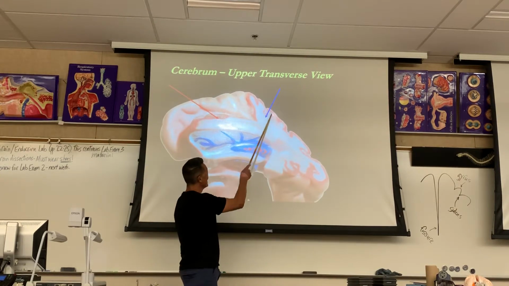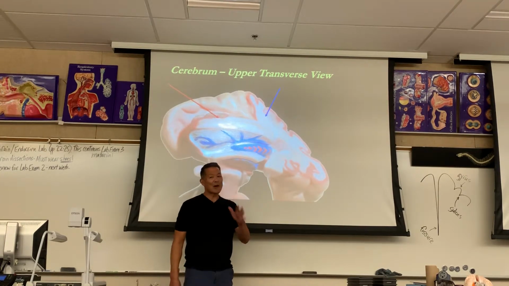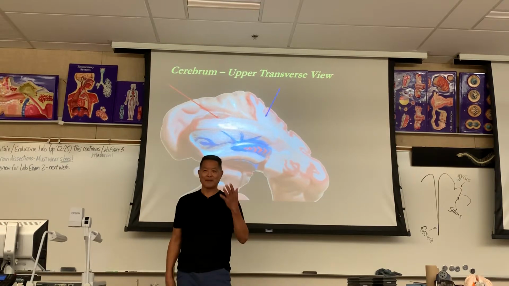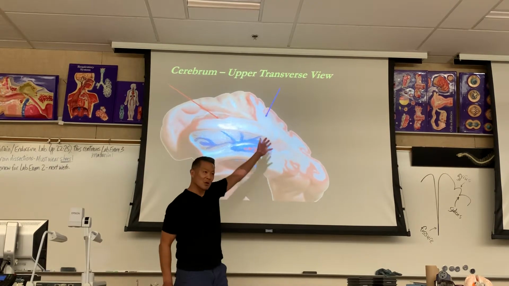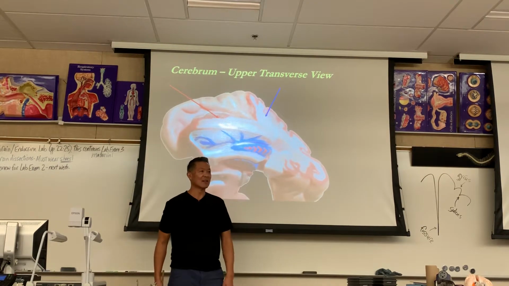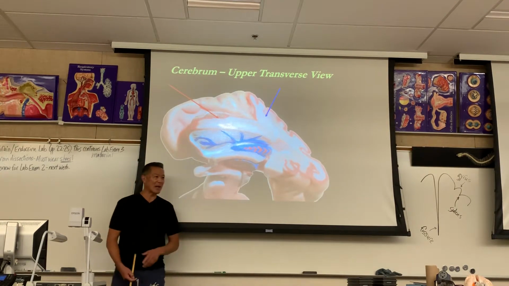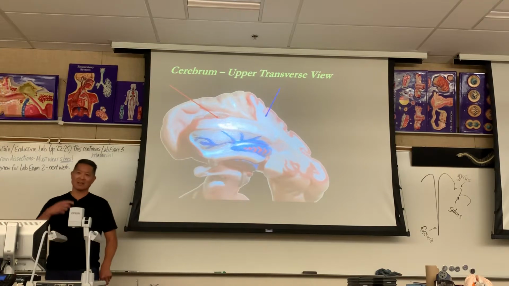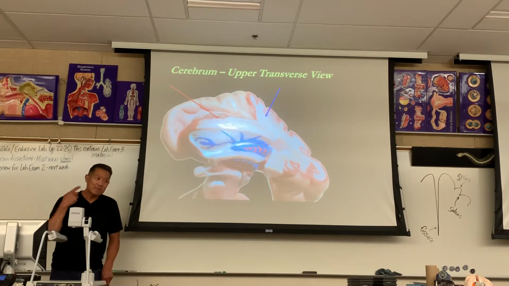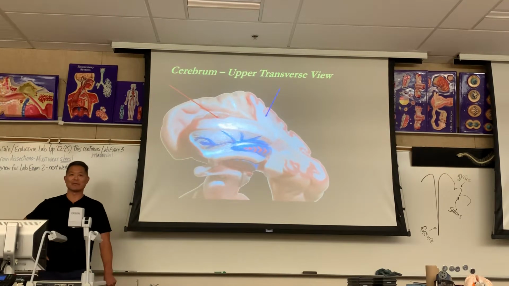The cell bodies of the pyramidal cells, because pyramidal cells are in the cerebral cortex. Blue arrow. Everybody know where we find pyramidal cells? In the gray matter of the cerebral cortex.